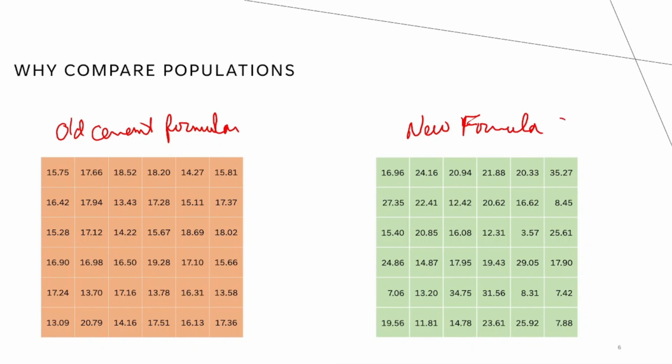So the idea being that by comparing the samples, we get a sense of how the populations themselves differ, or if they differ, if it made any difference at all. So that's the kind of thing that we're looking at here.